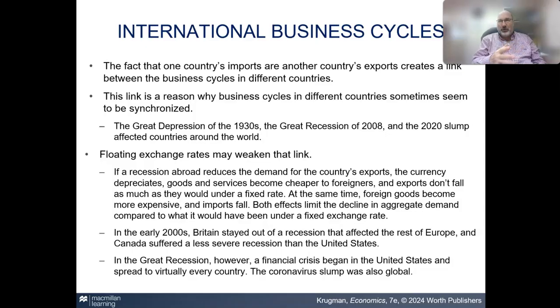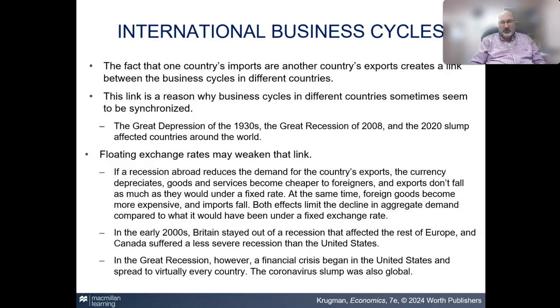So a lot of what we get with the business cycle, especially nowadays with a globalized economy, means nobody is living in their own little world. Some countries that are more isolationist than others can tank and it won't mean anything to somebody.